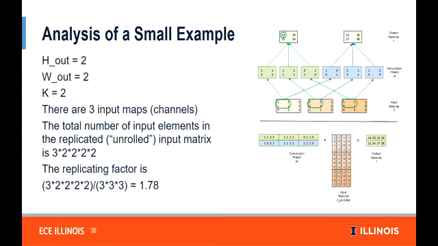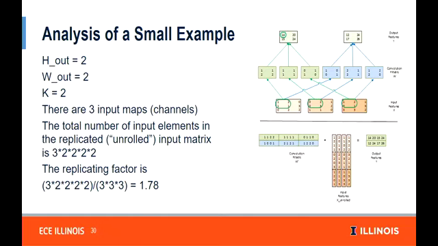When the output and input feature maps are both very much bigger than K, then the replicating factor will approach K by K. But for smaller feature maps, the K in that expression is important, so it will not be quite K by K. So for this very small example, the replicating factor is 1.78. But if you have very big input and output feature maps, the replicating factor should approach 2 by 2, which is 4.